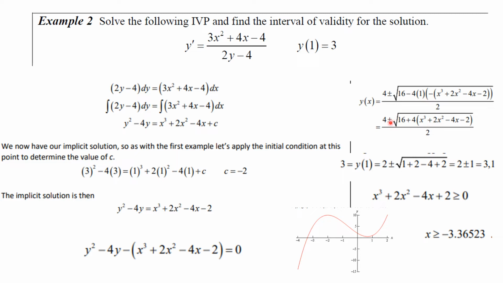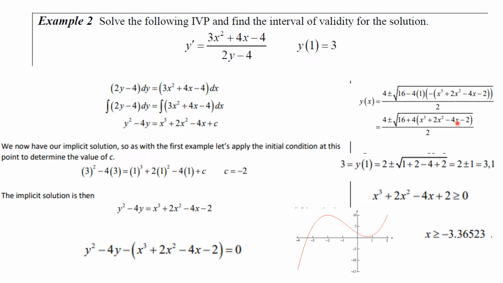But now we have plus or minus, so we have to figure out is it the plus or the minus. We can use this initial condition to determine, does it have to be the plus or the minus? It has to be 2 plus 1 to be 3, not 2 minus 1, and so it has to be the plus, and so now we have the solution.